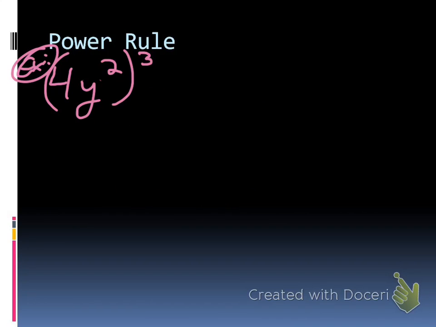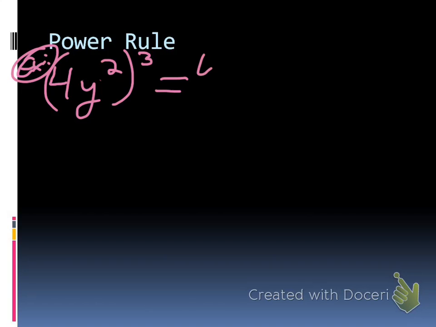Let's suppose we had an example like this and we wanted to simplify it. This one is a little bit different because if you notice, I've actually got two bases. I've got this base here, 4, and then I've got this base here, y. So our power to a power rule works a little bit different.